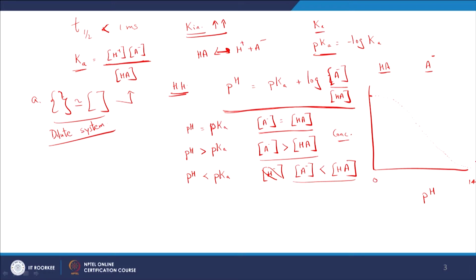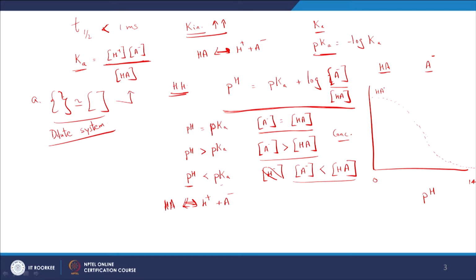Let me try to get a better figure here. Again, the key is that as the pH increases, HA will dissociate into H plus and A minus. So it is an equilibrium, a fine balance here that depends upon the pH of the particular system and obviously the pKa, and we are going to look at that, I guess. So it is going to decrease, decrease, decrease, an inflection point, let us say, and then again taper out. So thus, let us say, is the graph for HA, right.